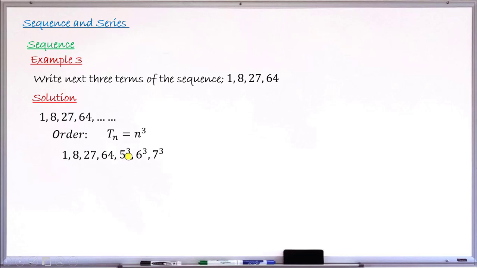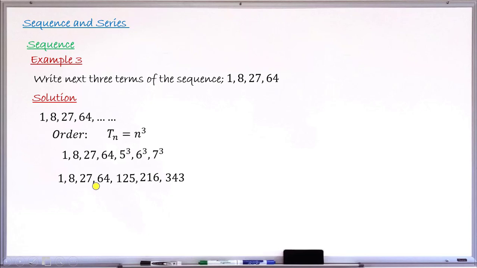So I'll now find the value of 5 raised to 3, 6 raised to 3, and 7 raised to 3. That will give me the next 3 terms. 5 raised to 3 is 125, 6 raised to 3 is 216, and 7 raised to 3 gives 343. These are the 3 more terms of this very sequence.